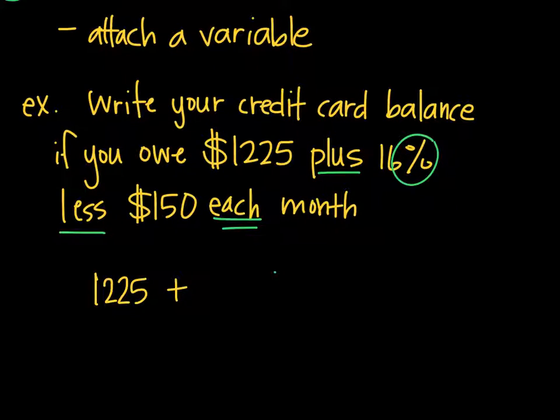Now the 16, I want to take off the percent, move the decimal, 0.16, and then what do I put after that? Okay, X would be if you didn't know the price or didn't know how much you had. And I do this time. So normally we would put an X if we did not know how much money we were working with, but we do know how much money we're working with, so we're going to put $1,225 there.